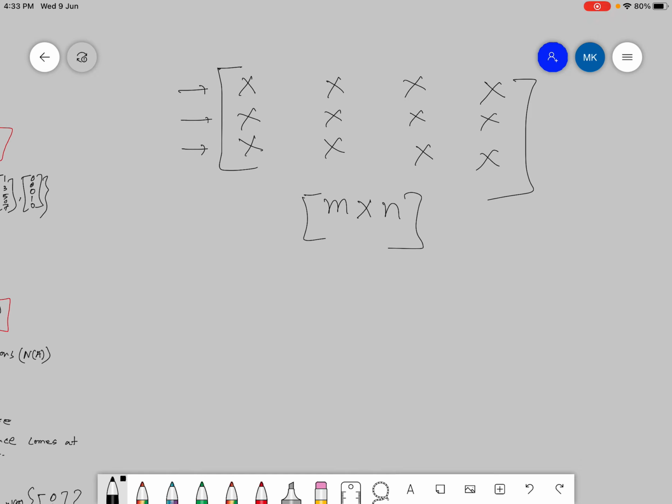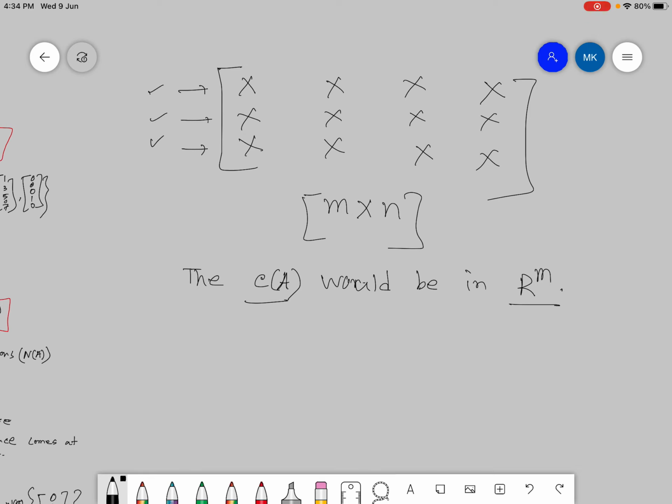So the column space of A would be in Rm. There are 3 rows here, so the column space of A would be in R3.